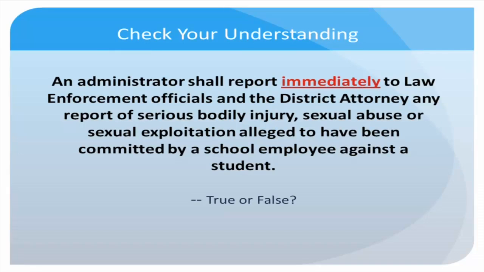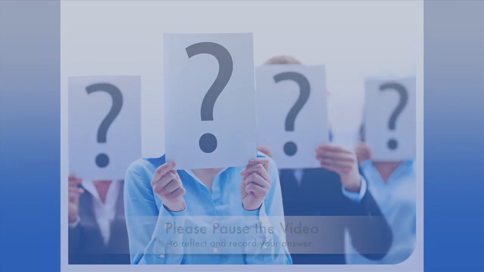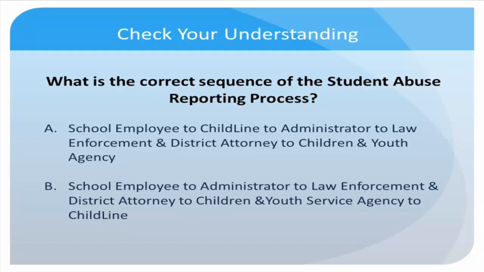An administrator shall report immediately to law enforcement officials and the district attorney any report of serious bodily injury, sexual abuse, or sexual exploitation alleged to have been committed by a school employee against a student. True or false? The answer is true. What is the correct sequence of the student abuse reporting process?